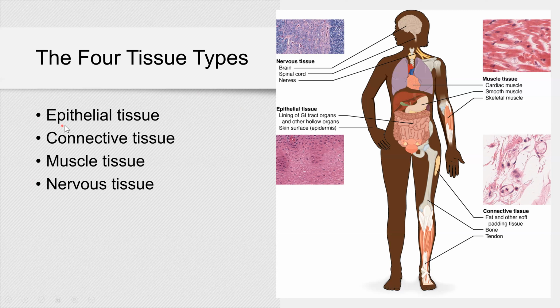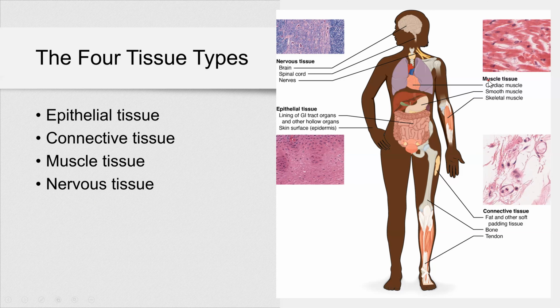Those four types are epithelial tissue, connective tissue, muscle tissue, and nervous tissue. Again, you can see the brain and spinal cord are predominantly nervous tissue. You have epithelial tissue that will be found in the lining of GI tract organs, other hollow organs, and also your skin surface, the epidermis.